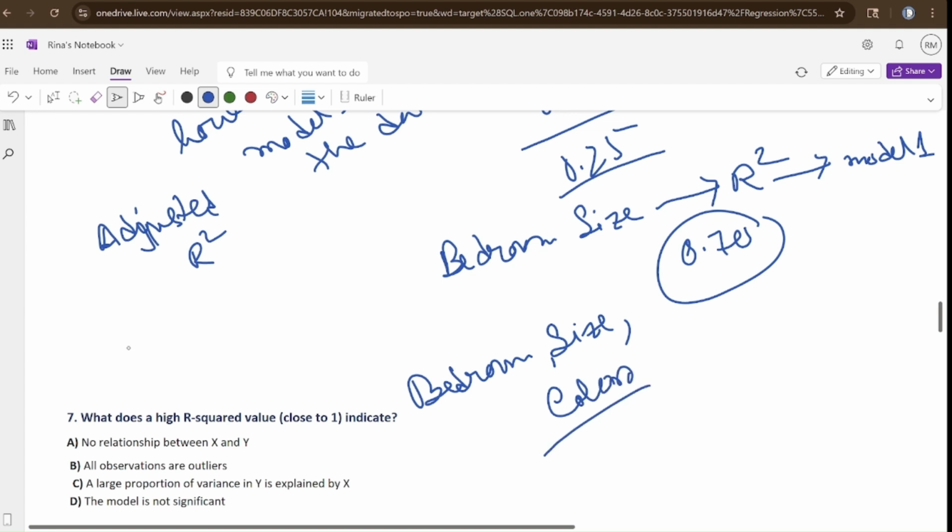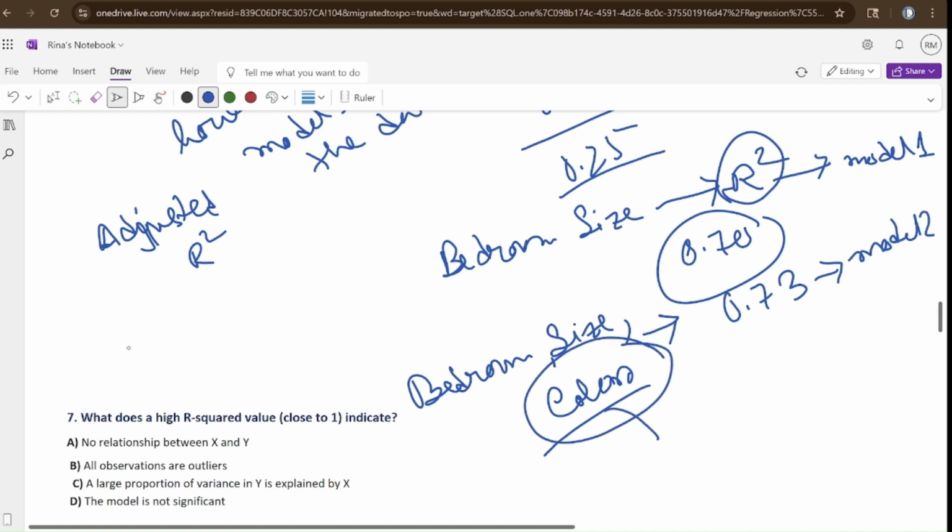Maybe in reality color doesn't matter that much. But your R square will increase. It will become 0.73 for the second model. So the problem is that you have added some unnecessary columns. The complexity of the model has increased, but your R square is improving. So you will think that this model is better. But in reality this model is not better, because you don't need this to calculate.